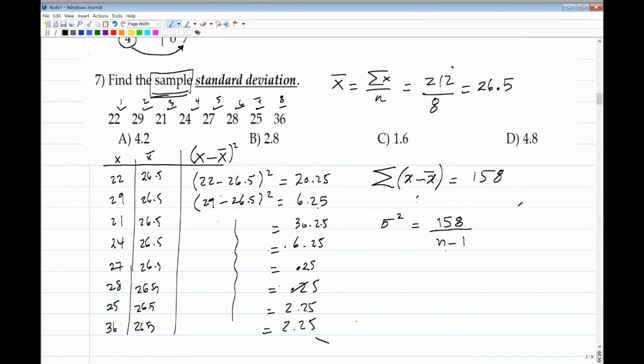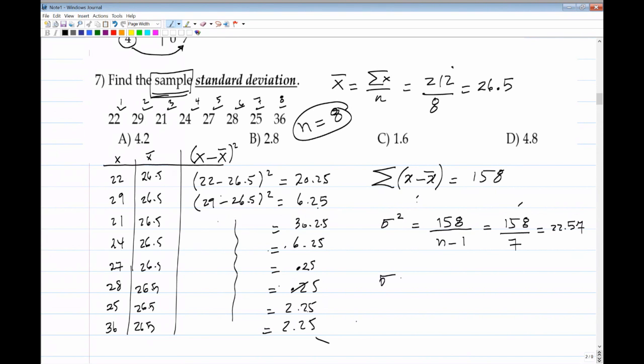If it is a population, we'll divide only by n. So we'll say this is 158 divided by 7, because n is 8, as we indicated right here. When we divide by 7, you end up with 22.57.